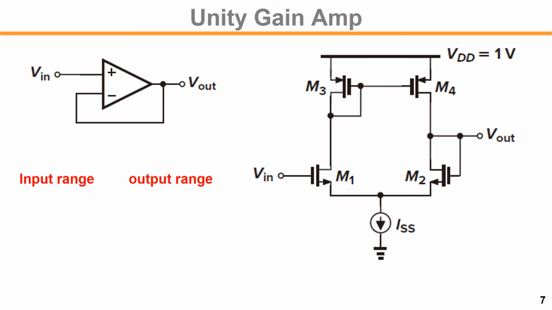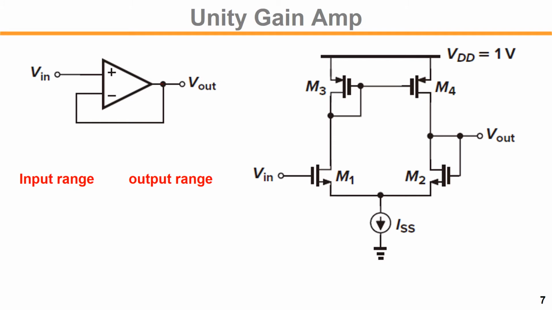Let's look at the unity gain amplifier structure. For the OPAMP shown here, we take the output and feed it back to the negative input of the amplifier. Then it is important to identify the range of this amplifier at the input and the output, right?